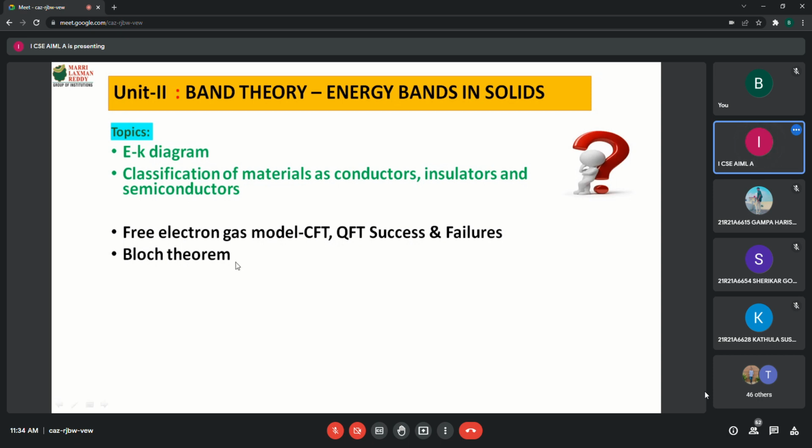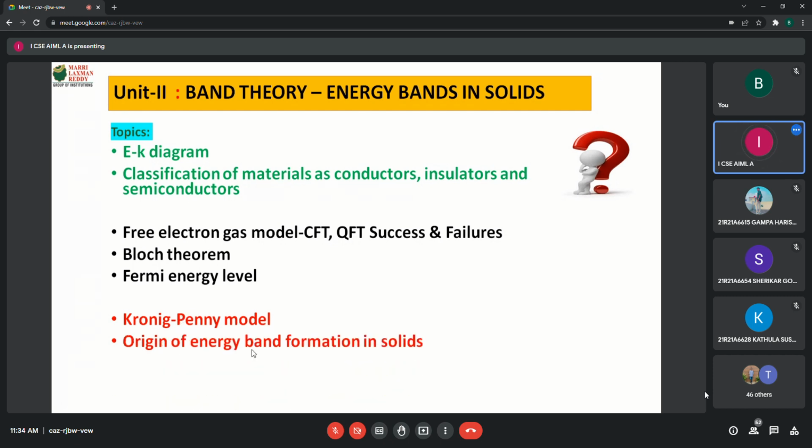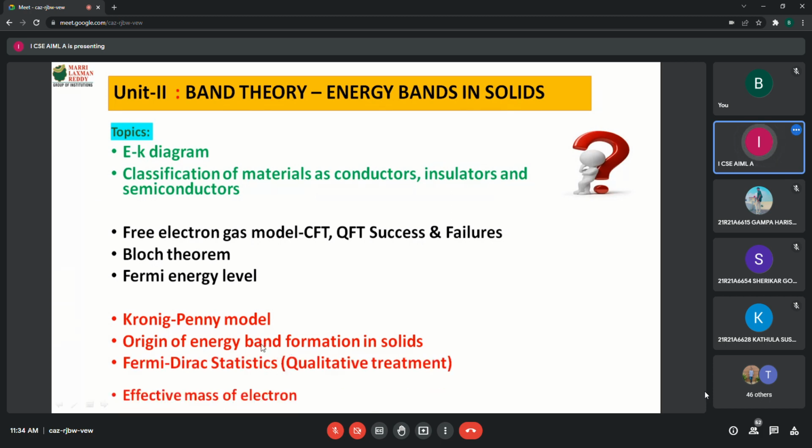Bloch theorem was also never asked, and Fermi energy level is a simple definition only, so it cannot be expected. But these are under the long answer questions: Kronig-Penney model, origin of energy band formation in solids, Fermi-Dirac distribution law, and effective mass of electron.